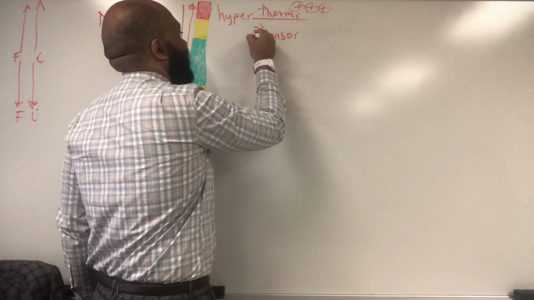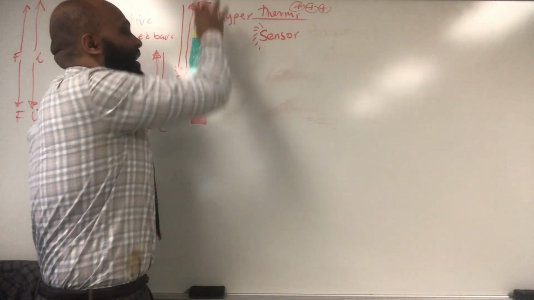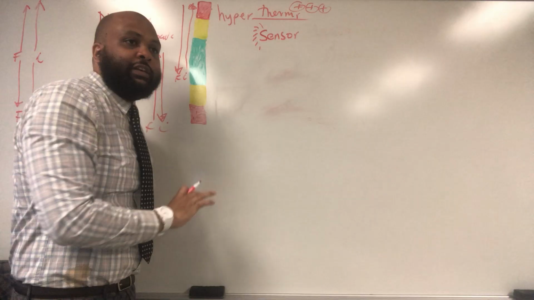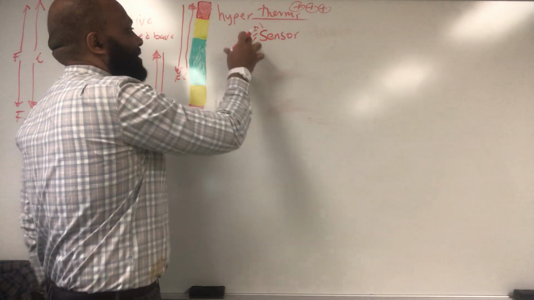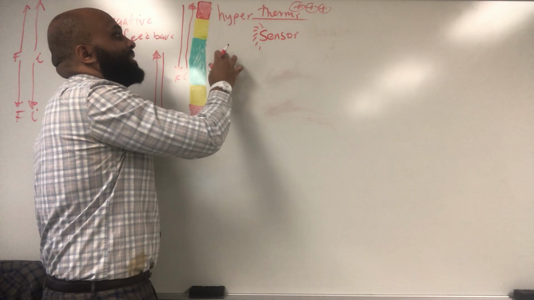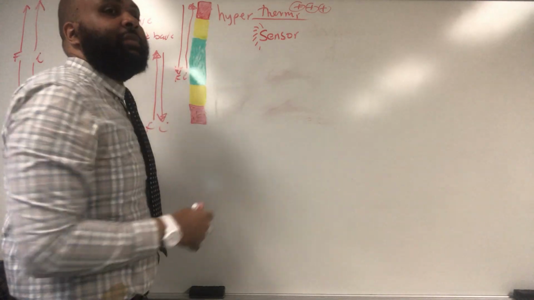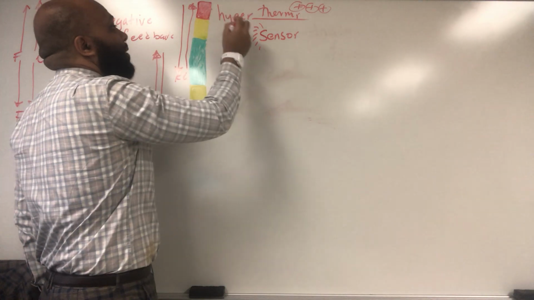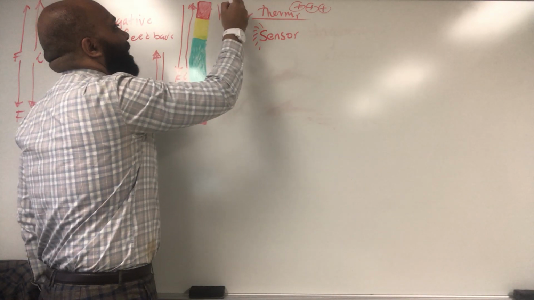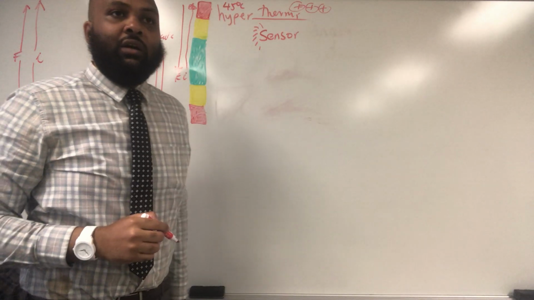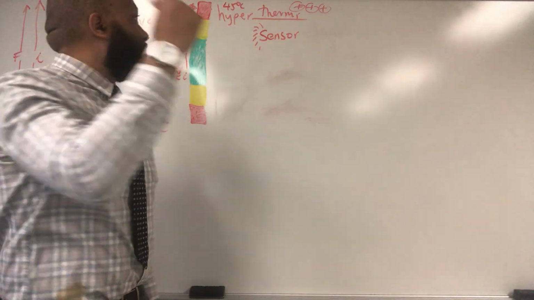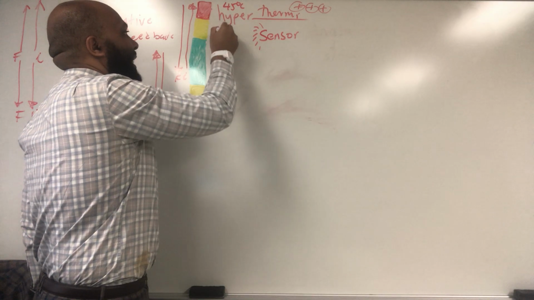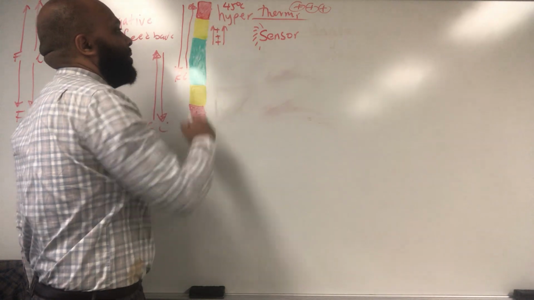The sensor senses that there is a deviation, either an upward deviation, hyper, or a downward deviation, hypo. If we are now at 45 degrees Celsius, the sensor is going to detect hyperthermia, an elevation of temperature.